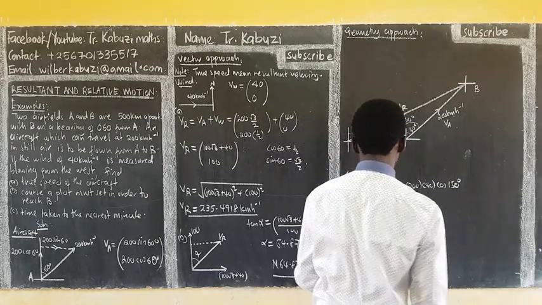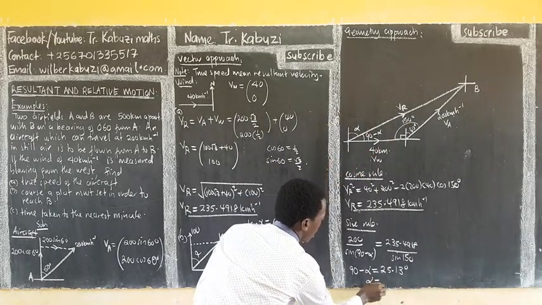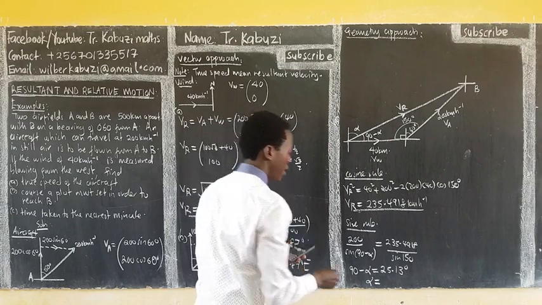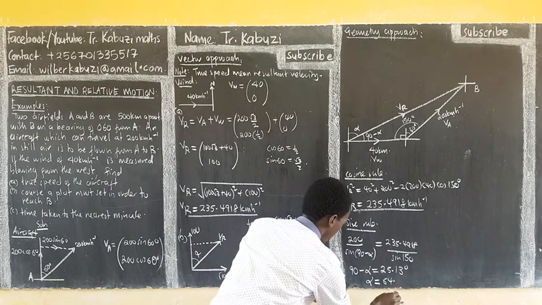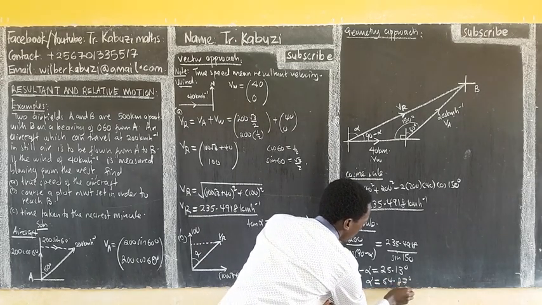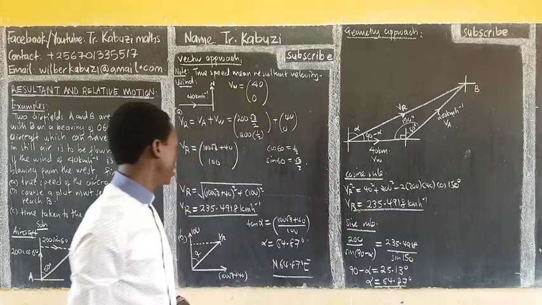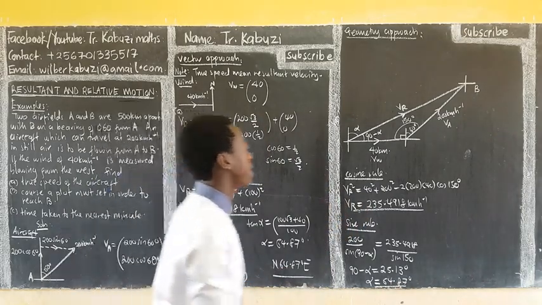And from there, our alpha is going to be 64.87 degrees. I think you can see it's the same angle we had there.